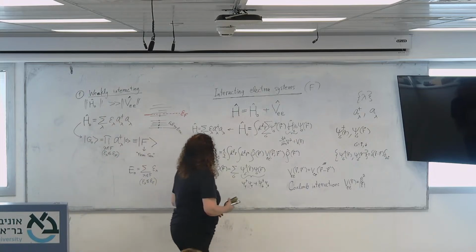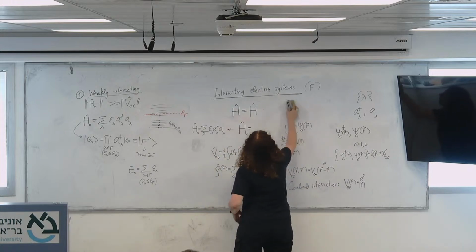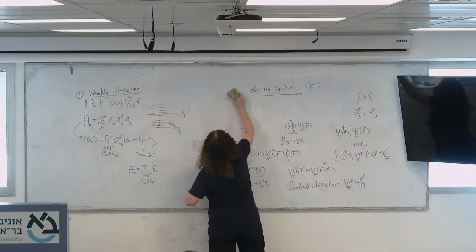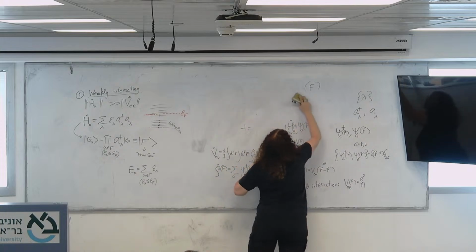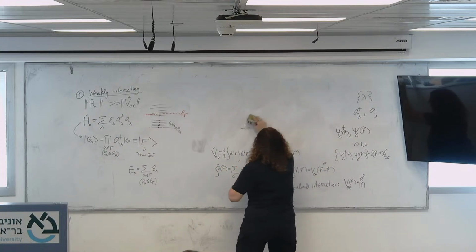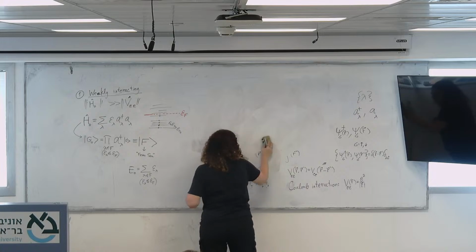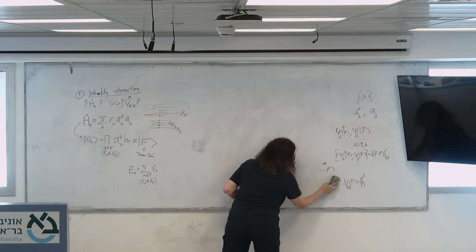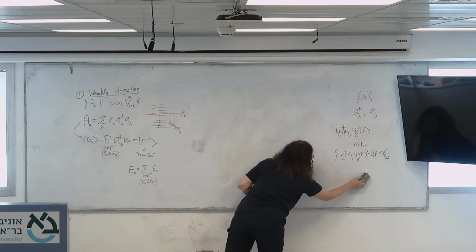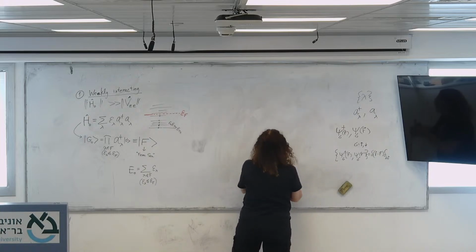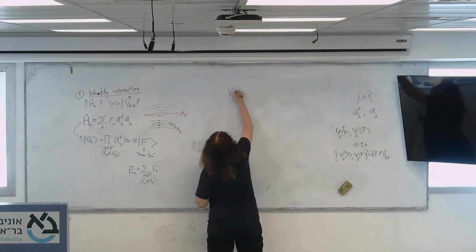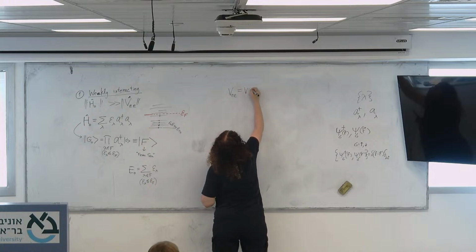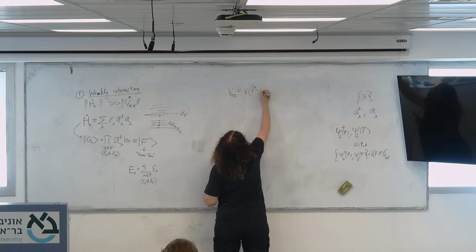Now let's talk about the interaction. For simplicity, I'm going to assume that the interaction is indeed some potential of r minus r prime.